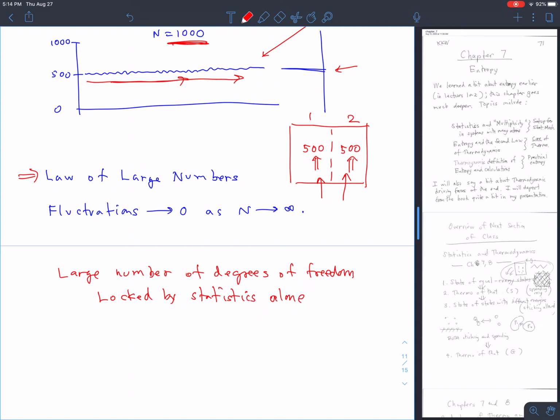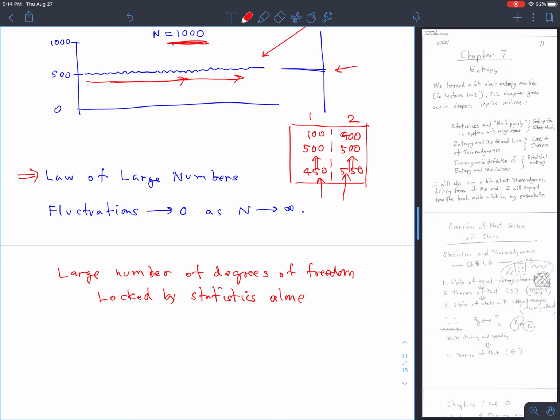There's no mechanical reason why you couldn't have 100 over here and 900 over here. It's just extremely improbable. In fact, even having 450 over here and 550 over here is already extremely improbable. And that's with just 1,000 molecules.